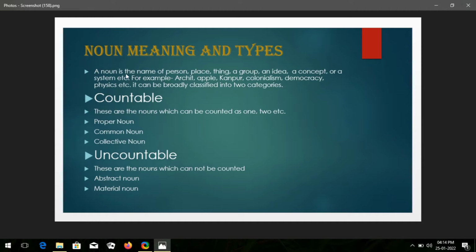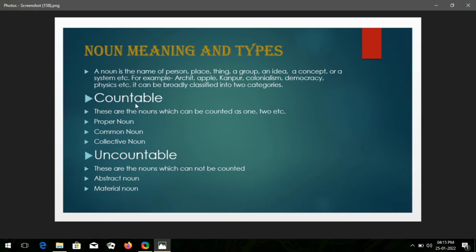As you can see over here on the computer screen, friends, it's a very common definition you might have heard already. Wherever we include these names, Archit, Apple, Kanpur, colonialism, democracy, all these are nouns. Further, it can be broadly classified into two categories.